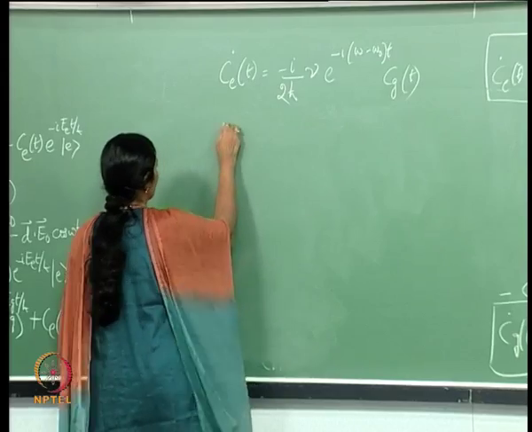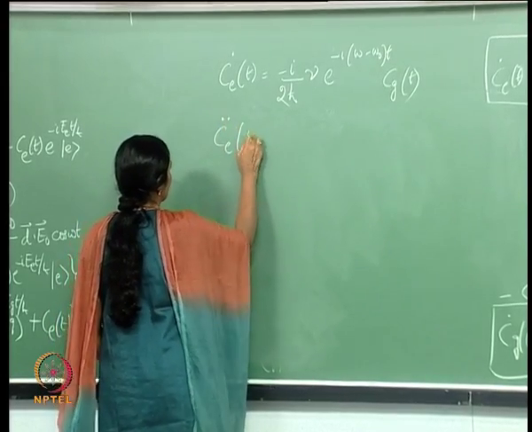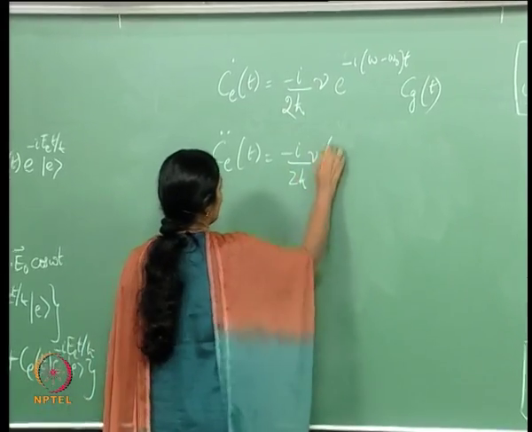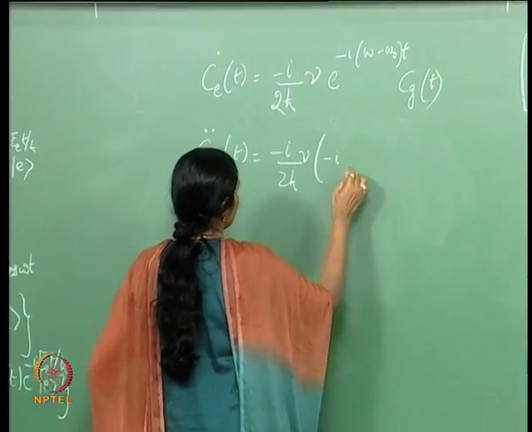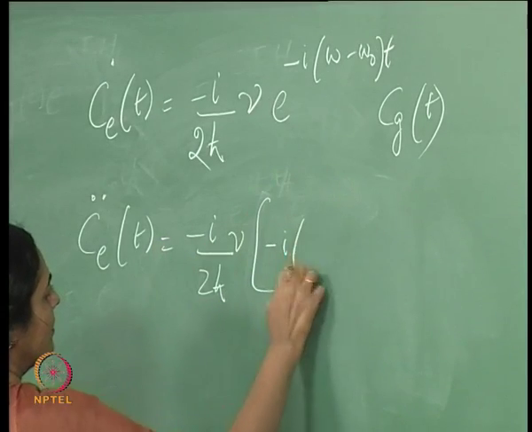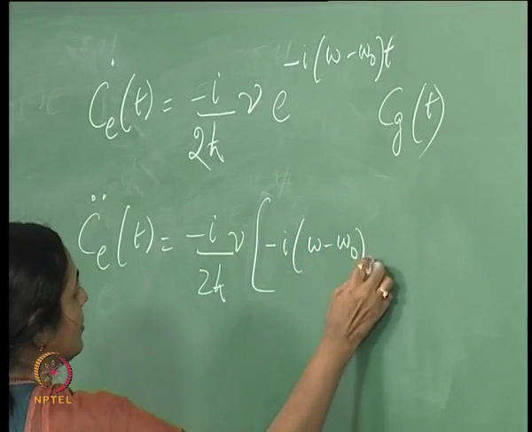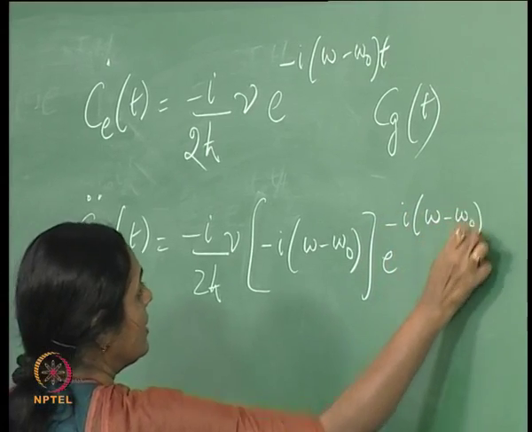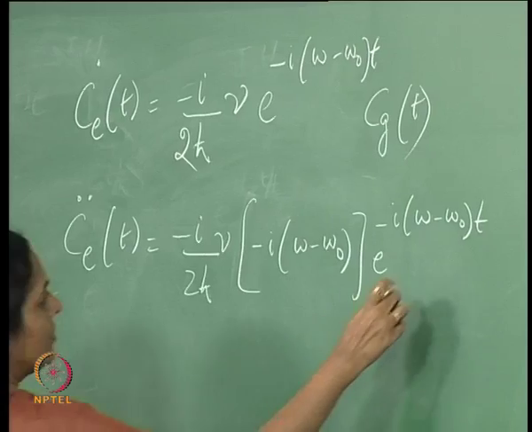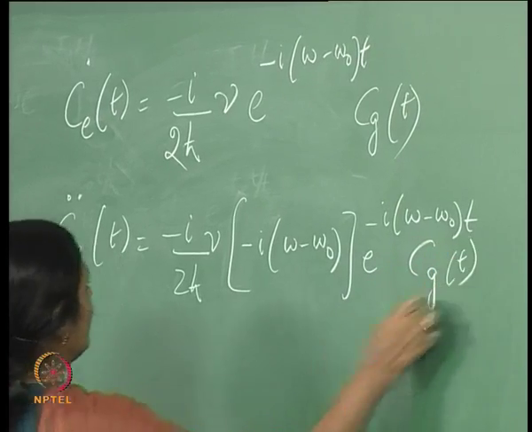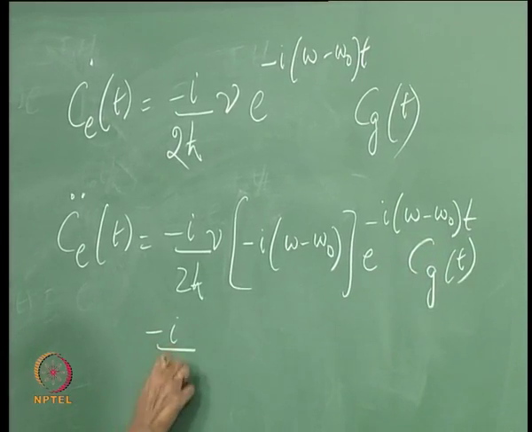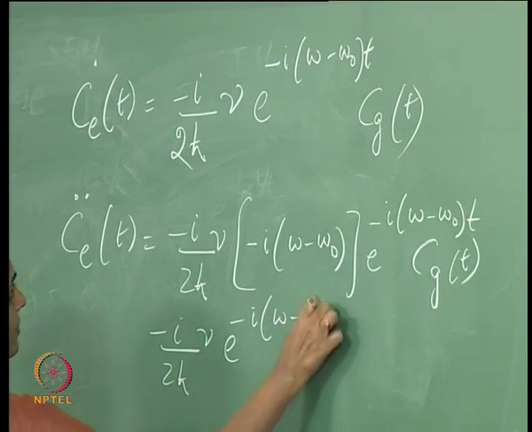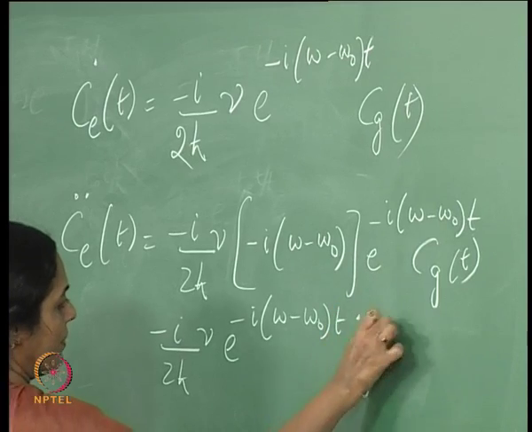So, look at this equation and now take the second differential. I get a minus i omega minus omega naught e to the minus i omega minus omega naught t Cg of t, and then there is another term which is e to the minus i omega minus omega naught t Cg dot of t.